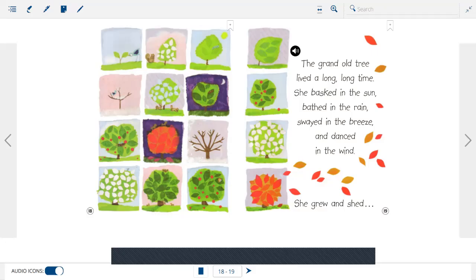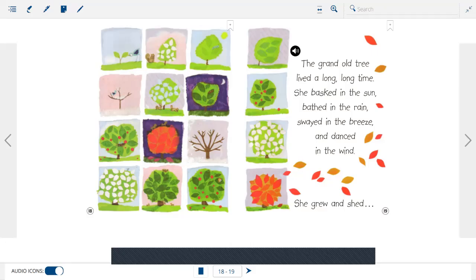It lived in the rain. I see sun, snow, and wind. And how does the tree change in the pictures? It gets bigger and it has more leaves, and it also bears fruit.